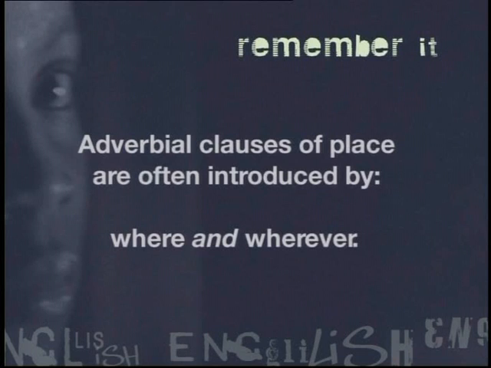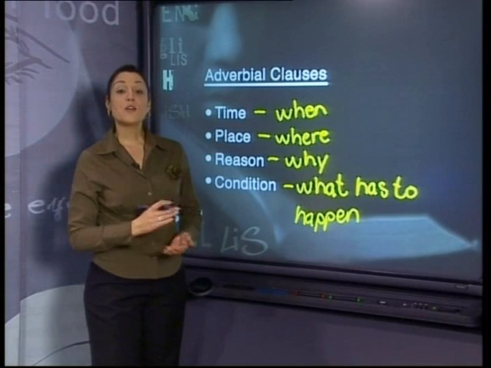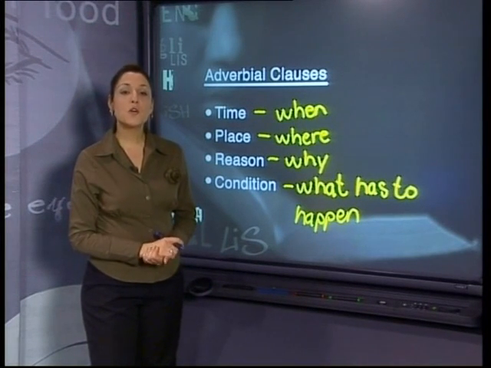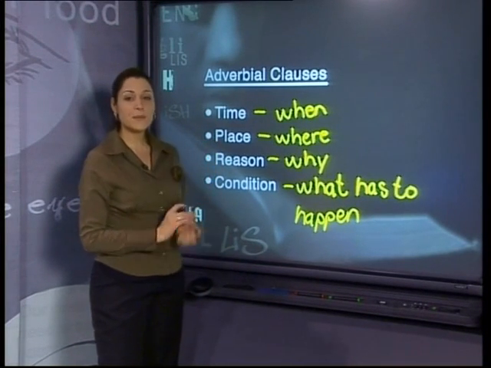Just like adverbial clauses of time, adverbial clauses of place also often start with certain words. For an adverbial clause of place, look out for the words where and wherever. So far, we have looked at adverbial clauses of time and place.